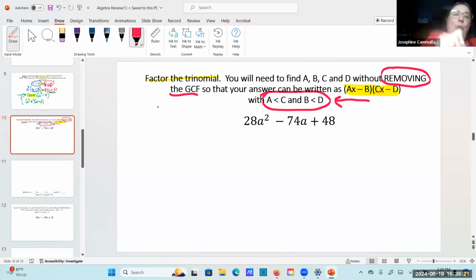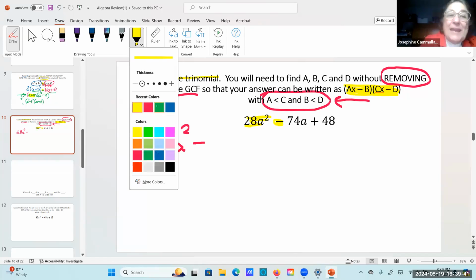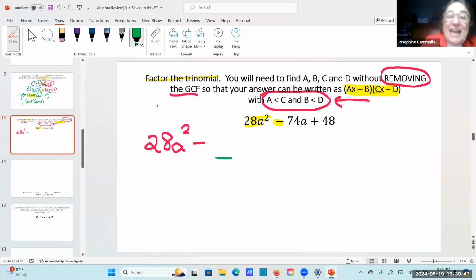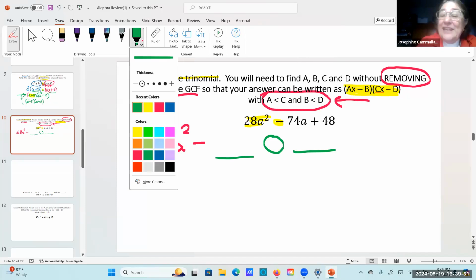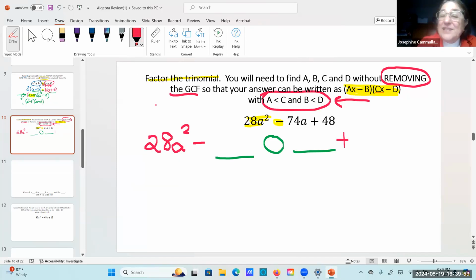Now, the way I do it is I take and write 28a squared minus, which means I'm taking this term and this minus, and then behind it, I'm going to put a blank, a circle, a blank, and then I'm going to put plus 48.